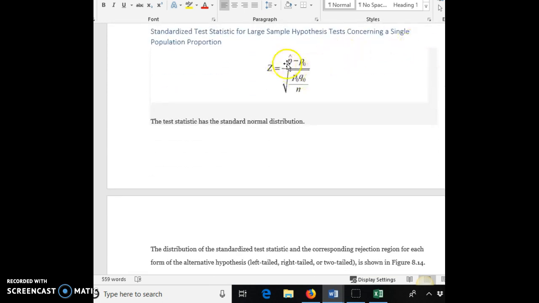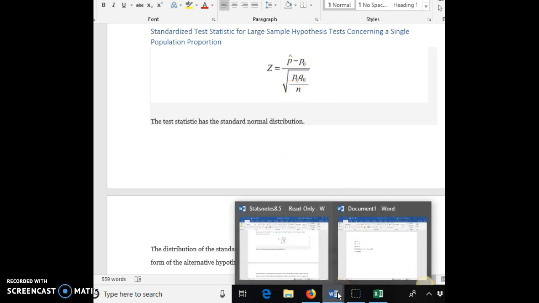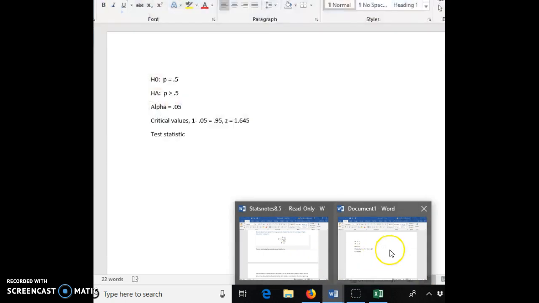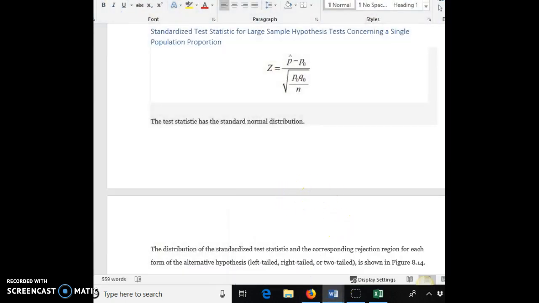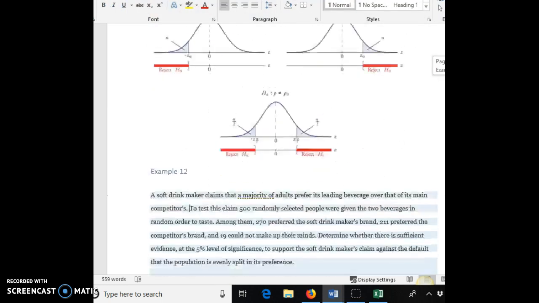We have P hat minus the null hypothesis P over the square root of that null hypothesis P times the null hypothesis Q over N. All right, so first thing we need to do is find P hat. So let's go back to our example for a minute.